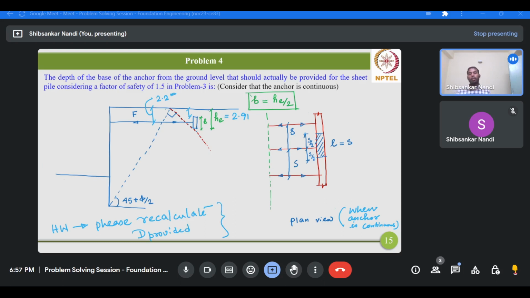Earlier the location was at a depth of 1 meter from the ground level, but now it becomes 2.2 meter from the ground level. So with this new location of the anchor, please recalculate the D provided value. Okay.